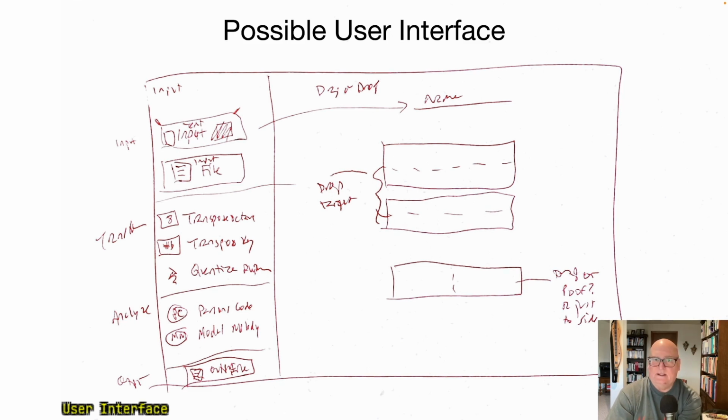All right. So I need to make some sort of list of visual objects on the left and a stack of objects on the right. Do I care more about the left or the right? Well, the right is where things happen.